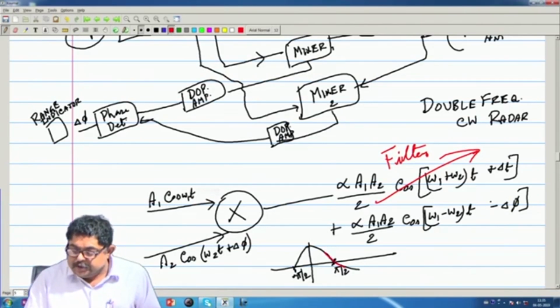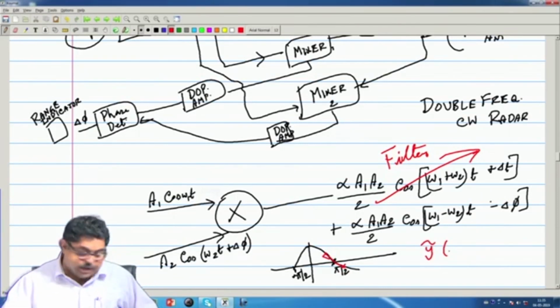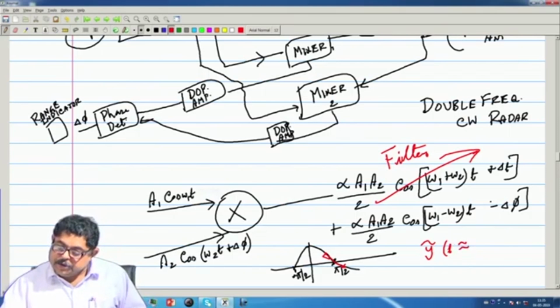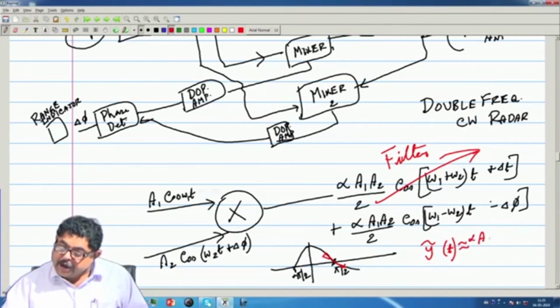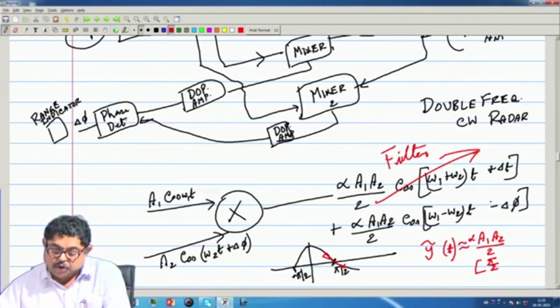In the linear region, y t can be approximately written as alpha A1 A2 by 2, and instead of this cos, I can write, near that region, if I can lock it in this linear region, pi by 2 minus delta phi.